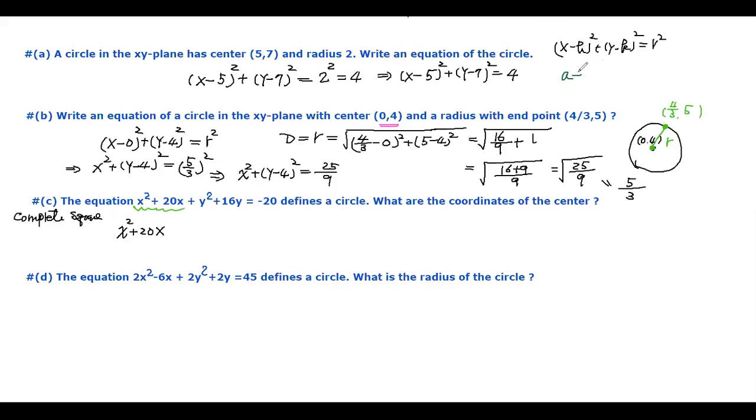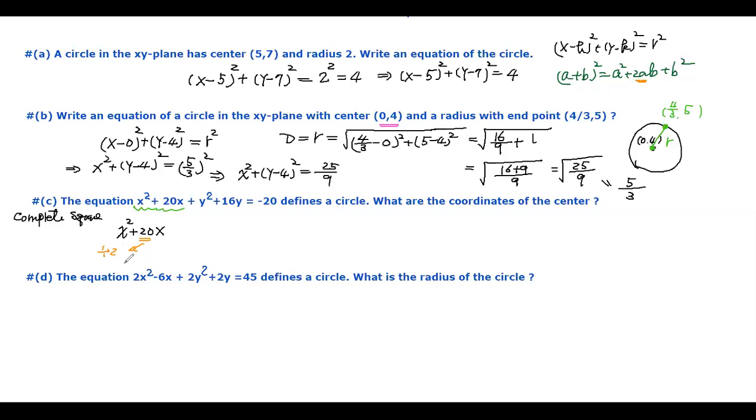We say (a + b) squared is equal to a squared plus 2ab plus b squared. When we complete the square, the first thing is this 20x. Because here is a 2ab, you need to use the 20 and divide it by 2.